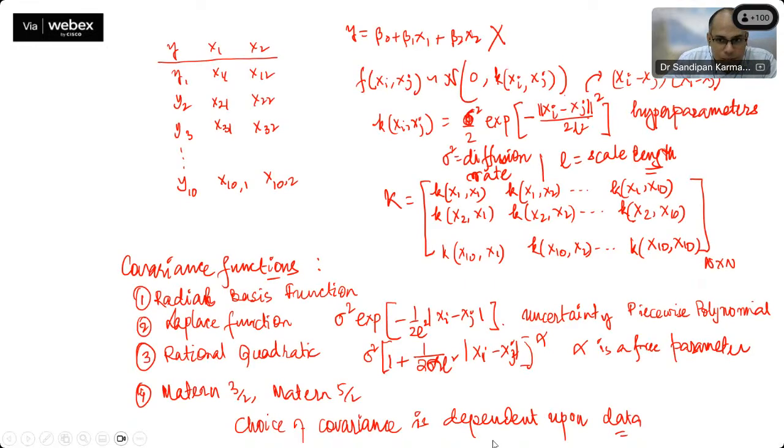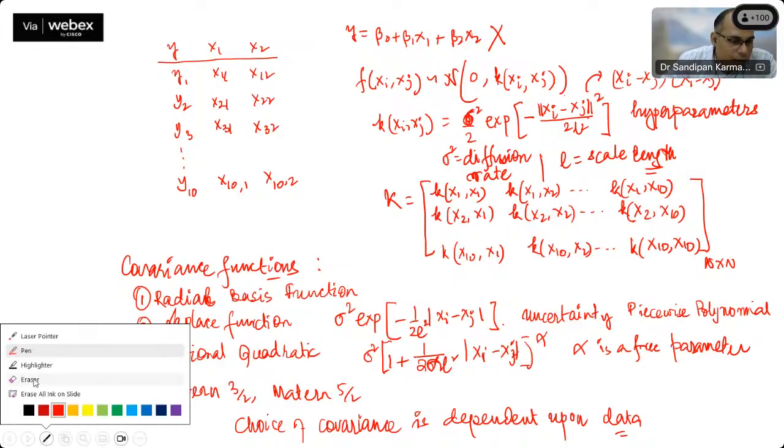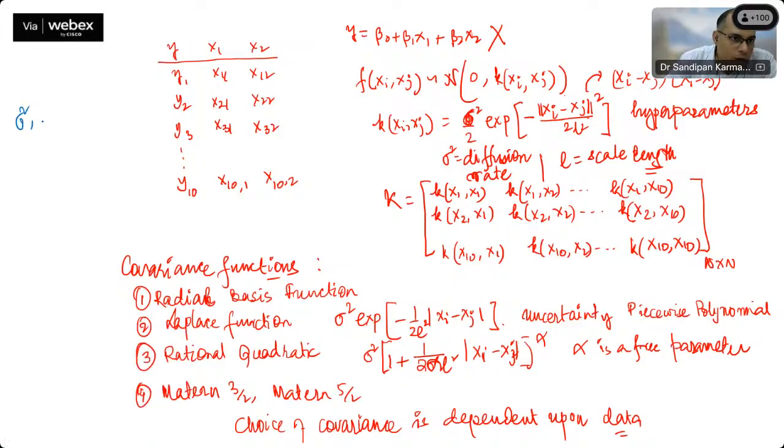Right now, what are the hyperparameters? Sigma square and L. So let me write it here itself. Sigma square and L are the hyperparameters, meaning they are the parameters of the parameter. Sorry, this is not sigma square, this is actually L, the length scale.